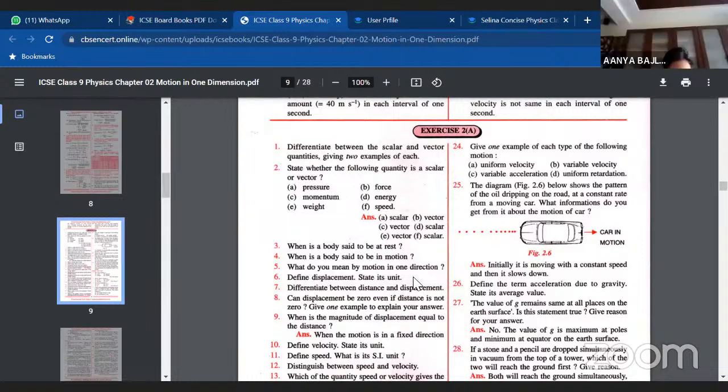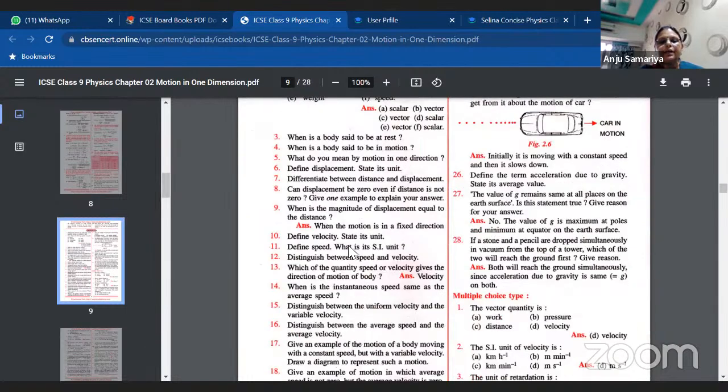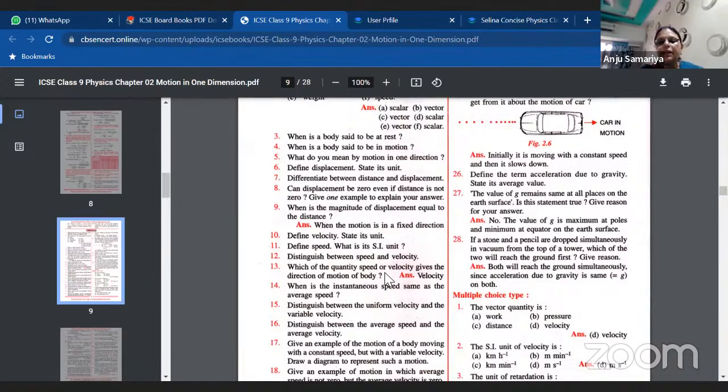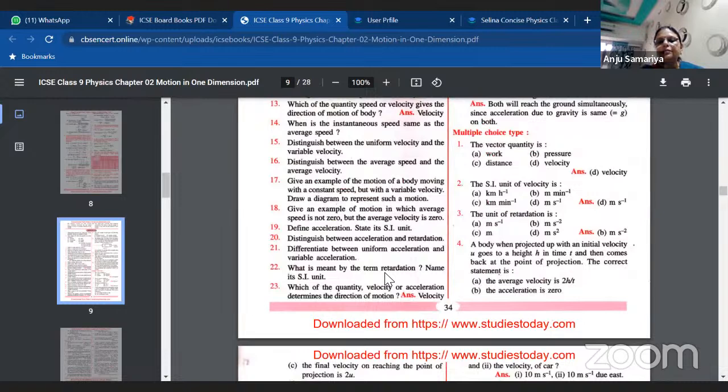So motion in one dimension, displacement, unit, differentiate between distance and displacement, all these are given. So you make a note of it. If you are taking the printout of the PDF, then you can mark there itself. Okay, so you complete this. As soon as we complete the chapter, we'll put up the test. And if you have any doubts, then you can ask me tomorrow.